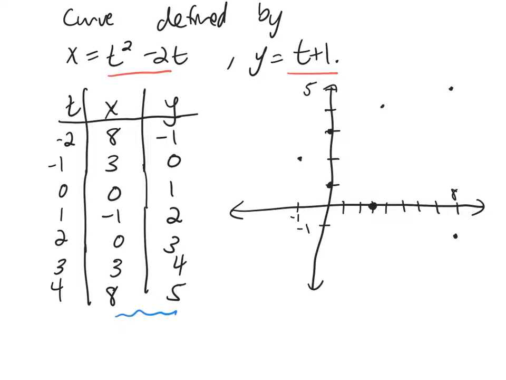So now we can connect these points together to make the following picture. And there is a direction to these parametric curves, so you want to draw arrows indicating the direction as t increases. My curve went that way.